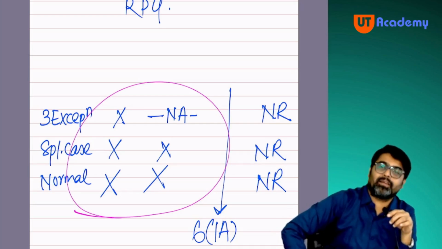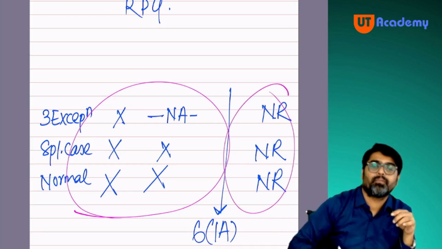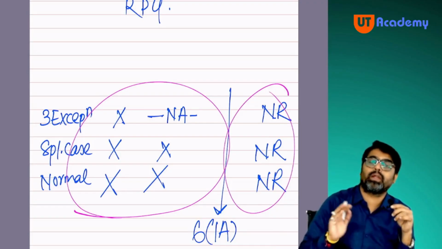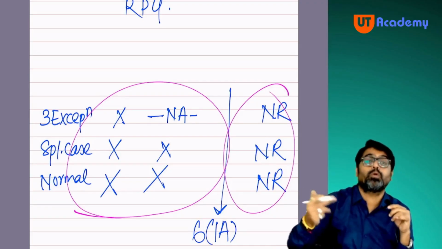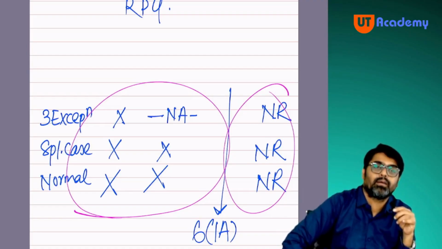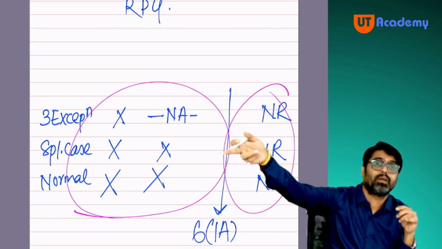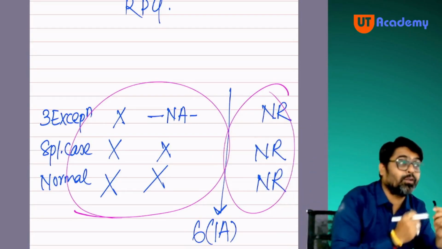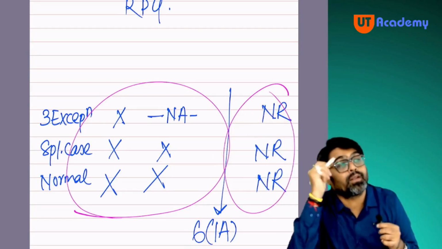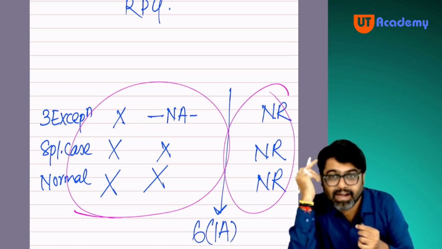Now just imagine, will you pay tax on Indian income? Yes. But will you pay tax on your foreign income in India? That foreign income which could not be taxed in the other country will not be taxed in India also, if we tell you to become what? Non-resident. Understanding or not?